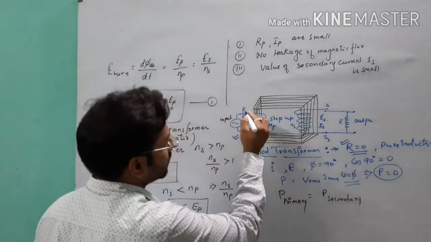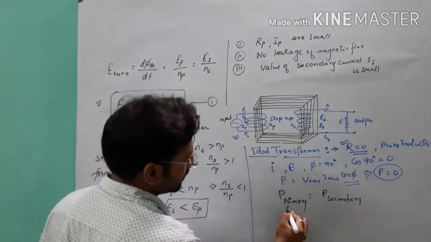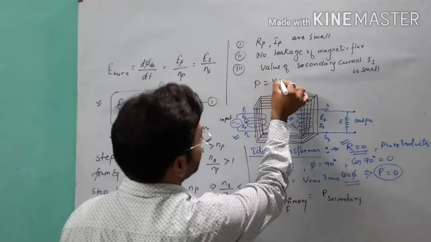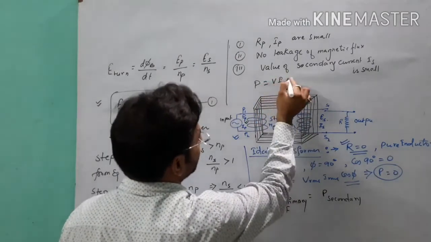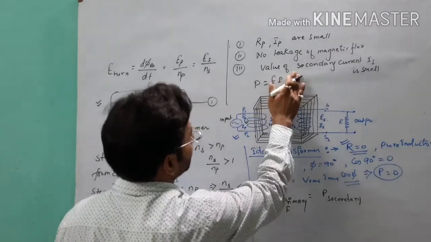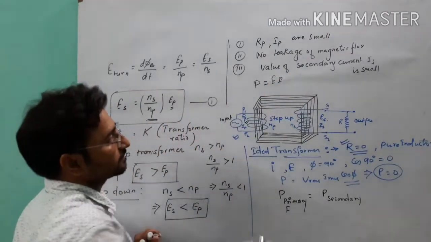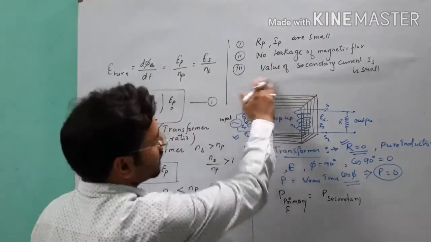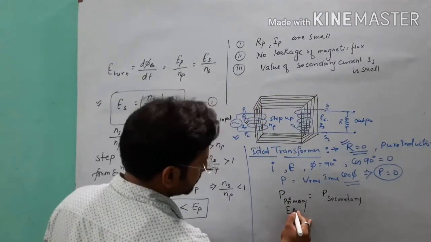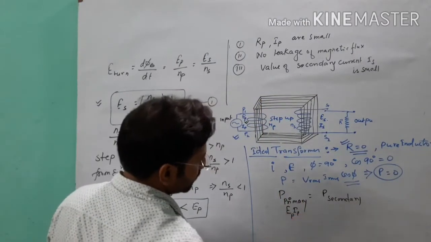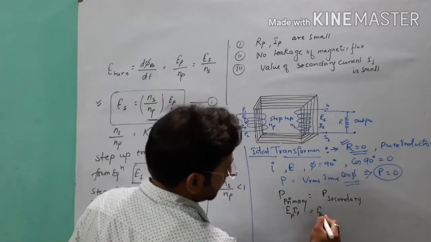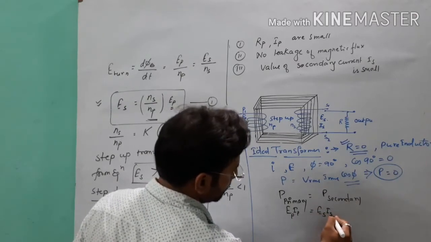As I know, P is equal to VI, or you can write EI also, if E is the voltage representing the EMF. So we can write P equals EI because it is for the primary. Similarly, here also ES into IS.